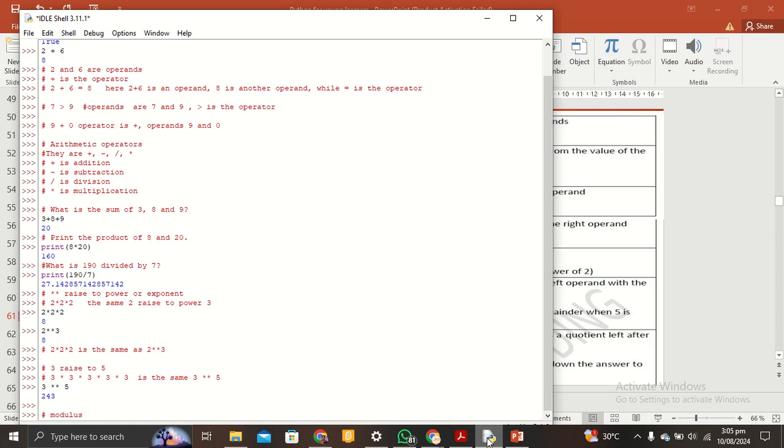How many will you have left? 1. Can't you share that one into two between you and your sister? Two and a half each. Don't you think that is possible? No, it's not possible.